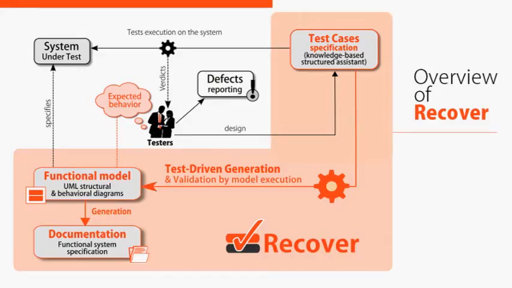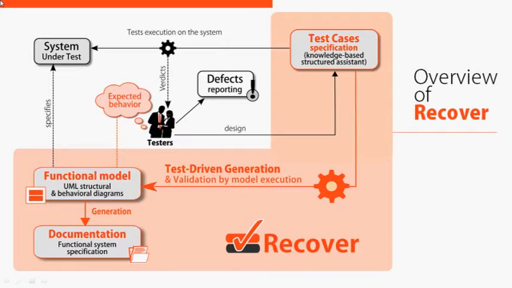Basically, what we say is, okay, we continue providing the service of testing as we know it. We have a system under test, we have testers, these testers design test cases and report defects, but what we add is that we design test cases in Recover with this knowledge-based structured system.